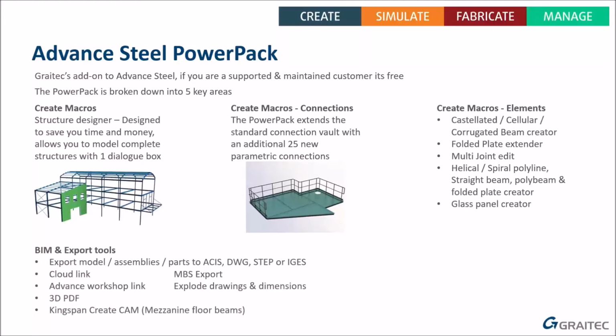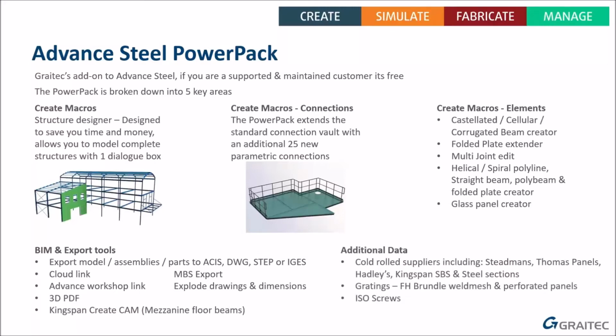We've got some BIM import and export tools, so exporting the model or parts to ASYS, DWG, STEP and IGES, a 3D PDF. If you're doing Kingspan mezzanine floor beams, there's now an export tool within there. And we do also add extra data to your Advanced Steel via the Power Pack. So we've added extra cold rolled suppliers, extra sections such as FH Brundle weld mesh and the ISO standard screws in there.